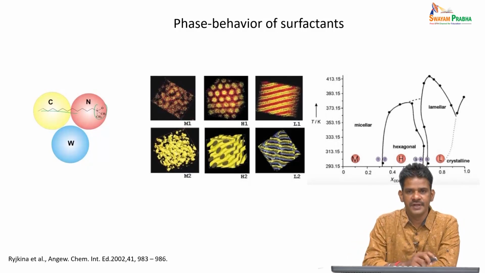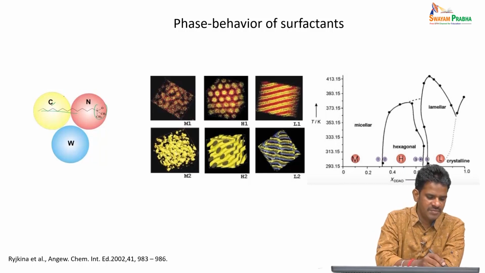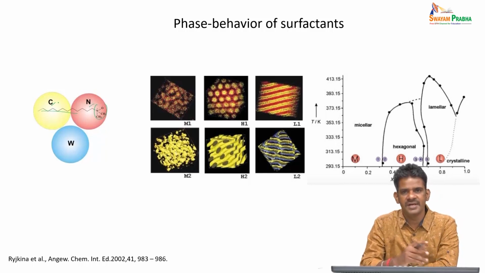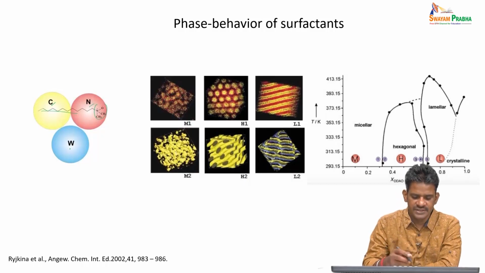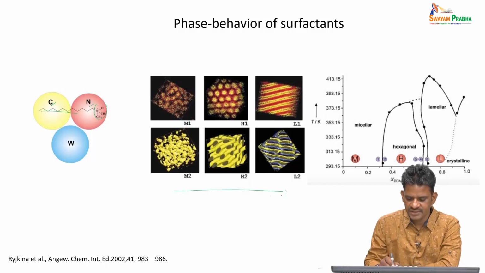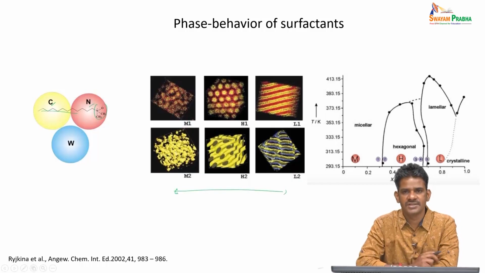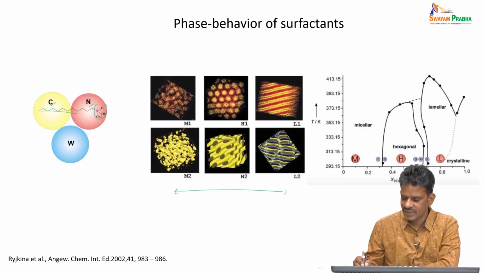So, in this simulation, the surfactant is coarse grained by DPD beads, with the two beads connected by a bond, the C bead and the N bead. The C bead represents the alkyl chain and the N bead represents the head group, and water is again modeled as a DPD sphere. So, with this they were able to predict various mesoscopic phases that are found in this surfactant, and the phase diagram is also constructed.